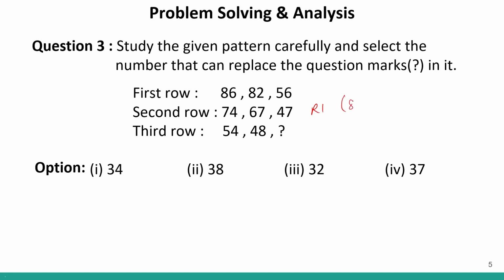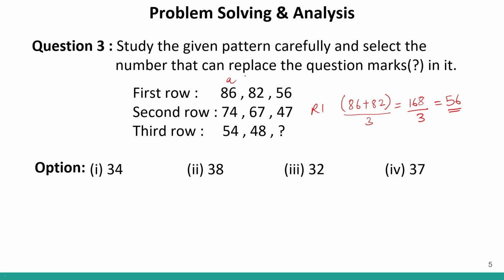If I add 86 and 82 and I divide it by 3, I'll get how much? This will be 8, this will be 1, 6 and 8, this will be 3. 3 5s are 15, 1 carried, 3 6s are 18. So 56 will be my answer. Correct? So for row 1, we have identified a pattern.